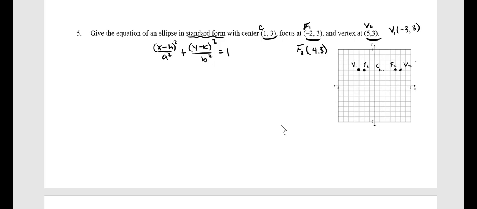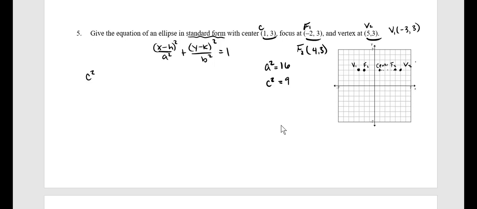Here we can look at this picture and see that a must be 4 units from the center, so a squared is 16. c squared is given by the distance from the foci to the center, which is 3 units, so c squared is 9.